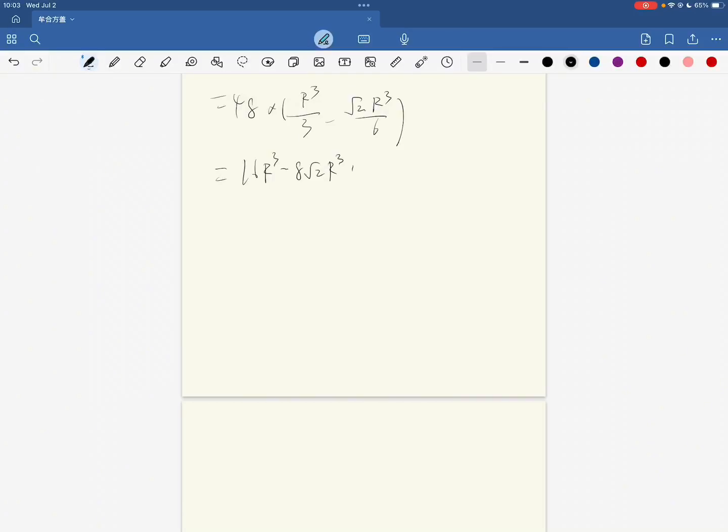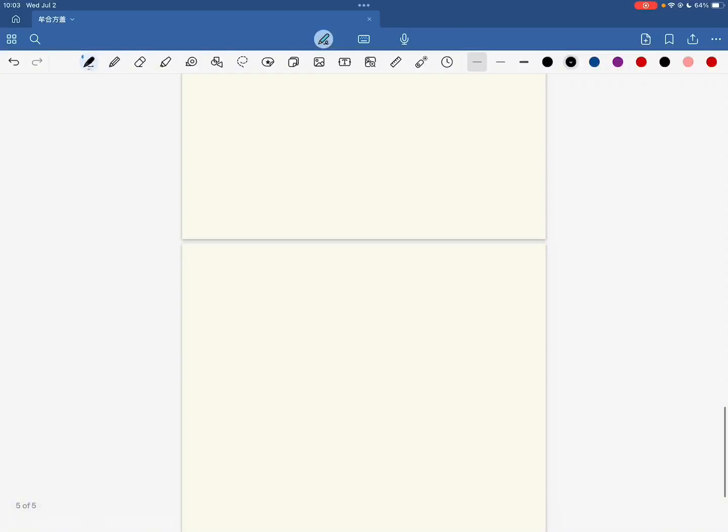Now let's see the second method, which uses conditional equations to solve it. Let's define our D as x, y, z, and we let r equal 2 here as an example.